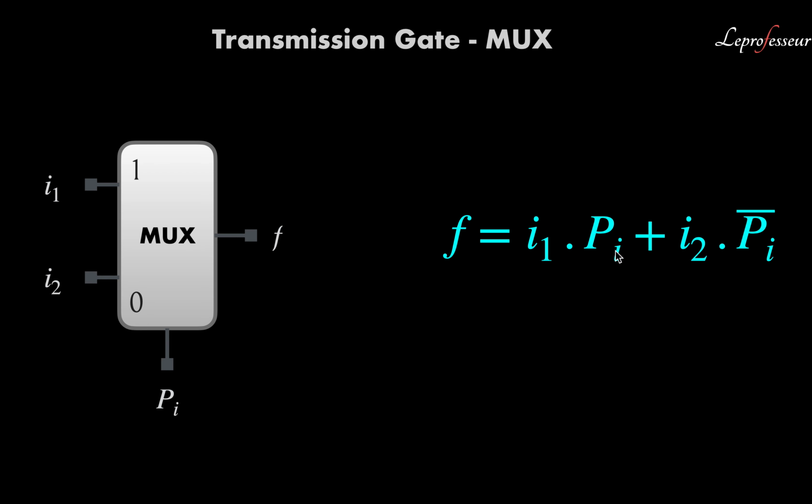Similarly, when PI is 0, this term becomes 0, and the inversion of PI becomes 1, and then you transmit to the output side whatever is on I2. Good. So it is a basic equation, there is no complexity here.